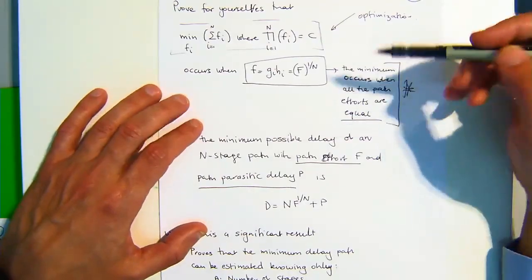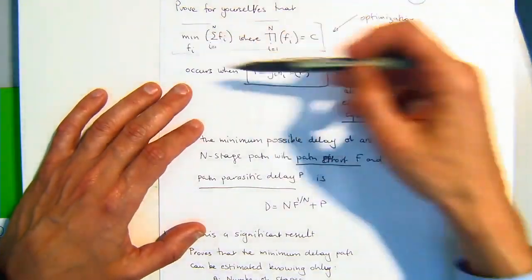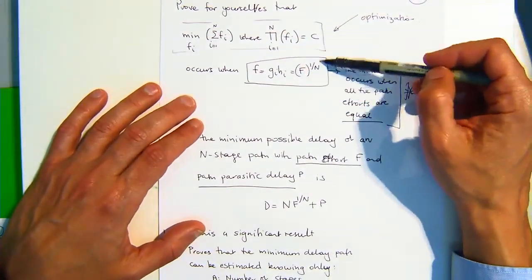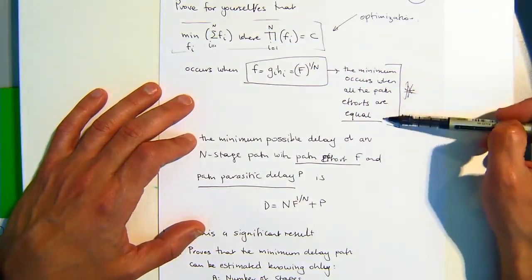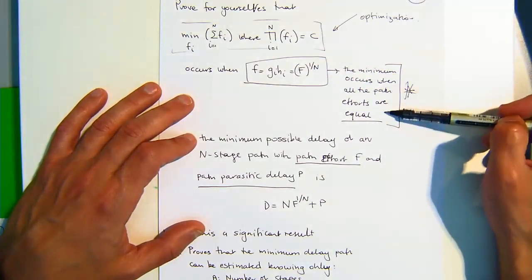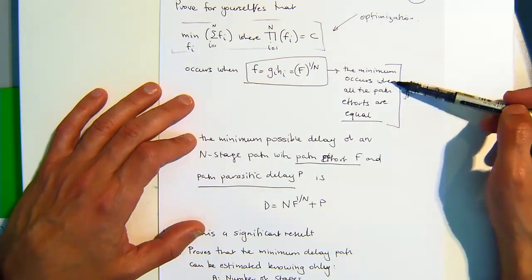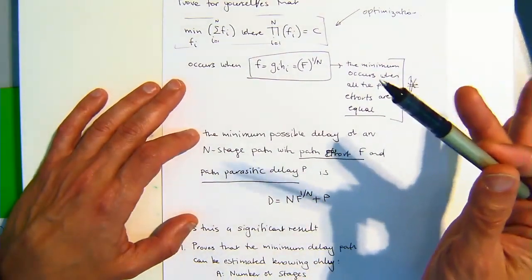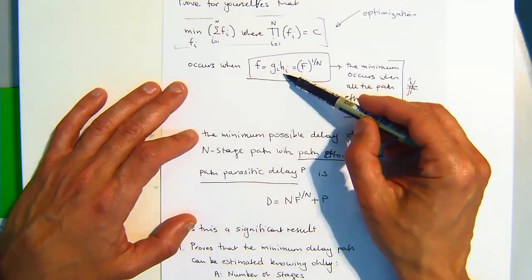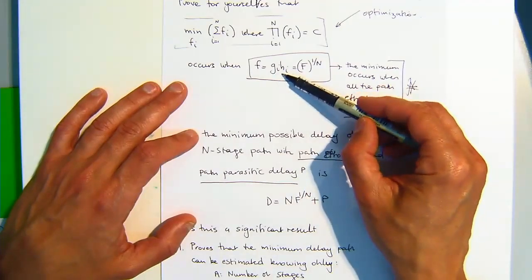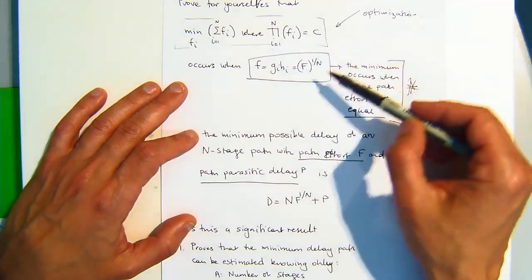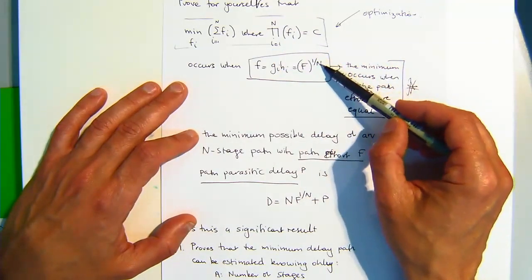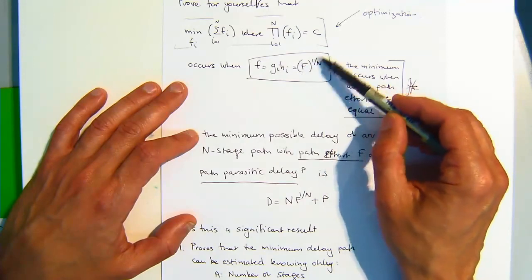But essentially, you can prove for yourselves that the minimum occurs when each of the gates has the same path effort. So what that says is g_i h_i is going to be equal to f to the power of 1 on n.